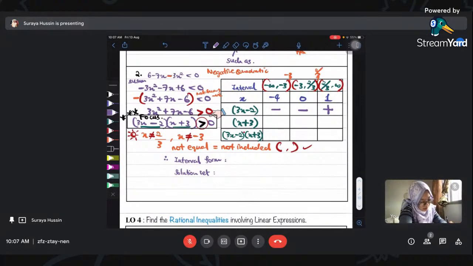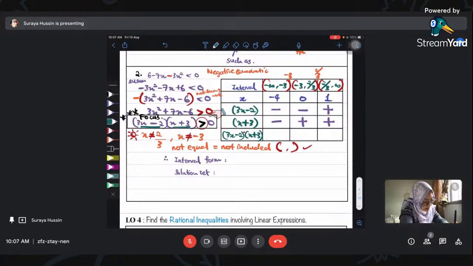Okay. Manakala yang ini pula, negative 4 plus 3 is negative 1. So it's negative sign. Manakala 0, 0 plus 3, oh positive 3. Manakala 1, 1 plus 3 is 4. So positive 4. Positive, letak sign sahaja.